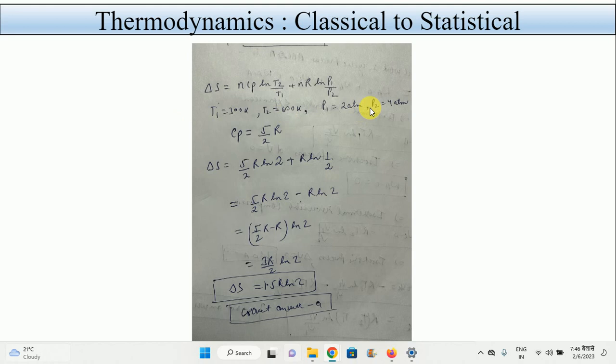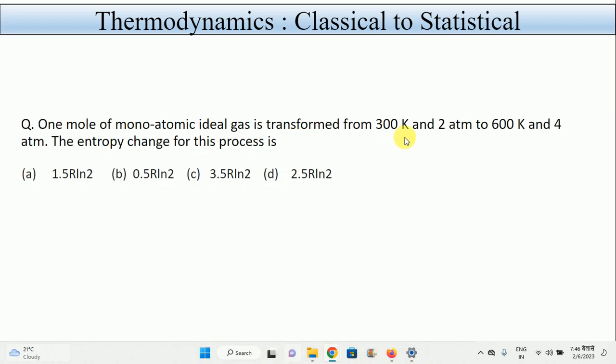Sir will solve this question in class, so I'll just tell you how to solve this. So delta S is n Cp ln T2 by T1 plus nR ln P1 by P2. So this is the formula for change in entropy. So what is given here?